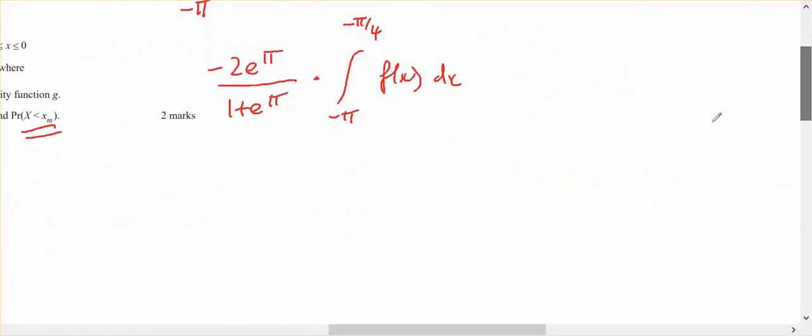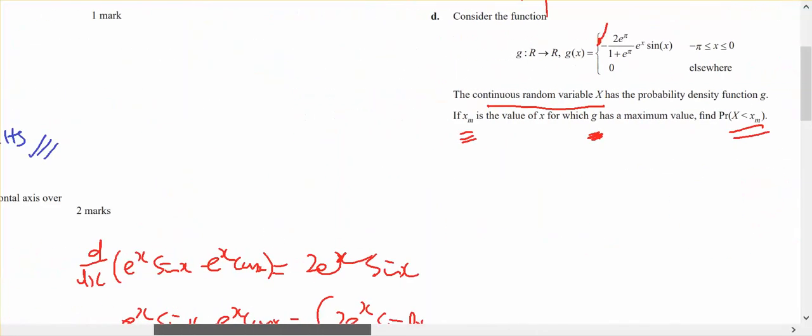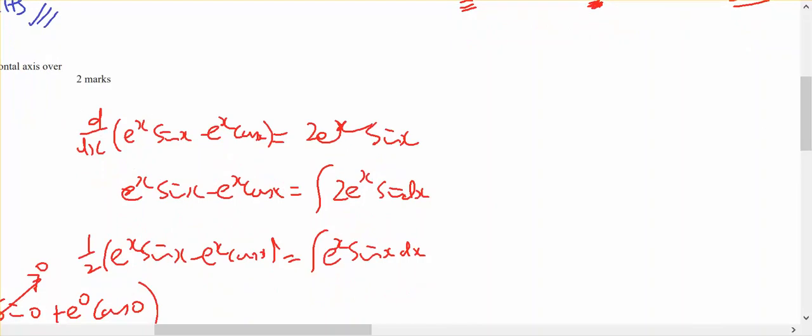Okay. So I'm going to have minus 2 e to the pi over 1 plus e to the pi times from minus pi to minus pi on 4, and I can use my integration by recognition. It's going to be this expression here.